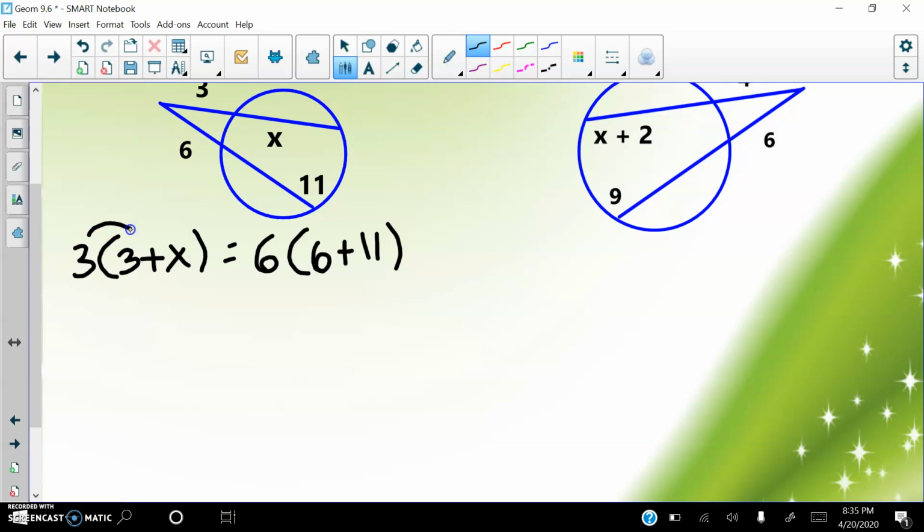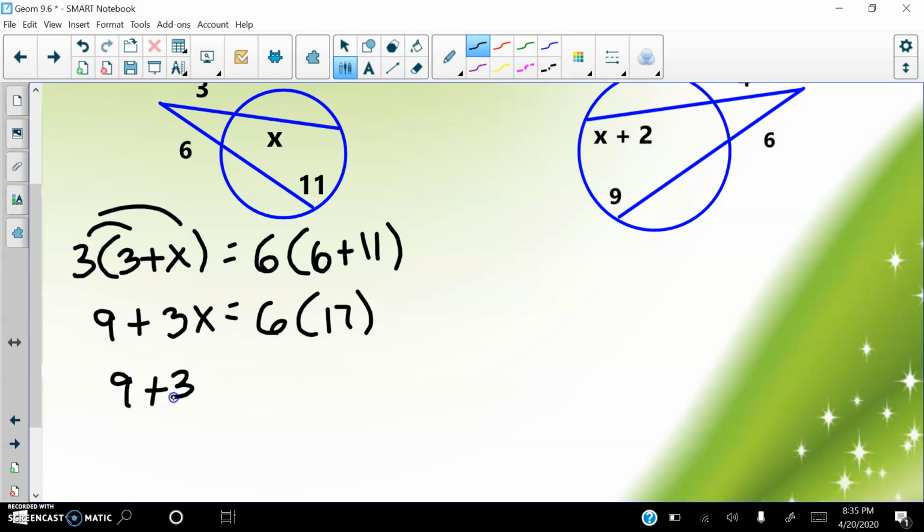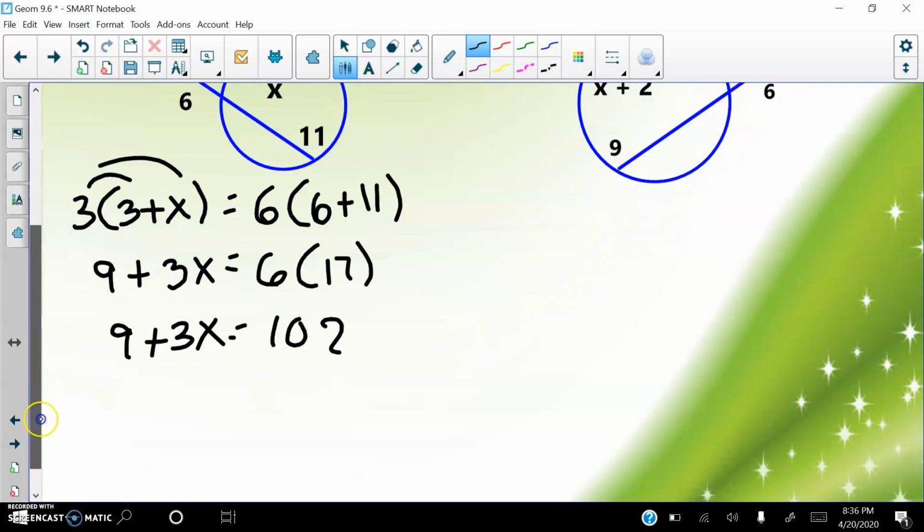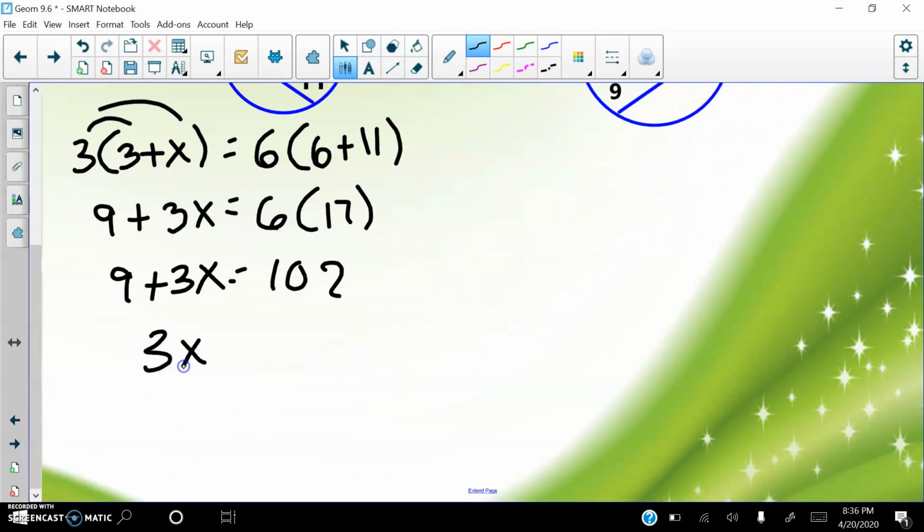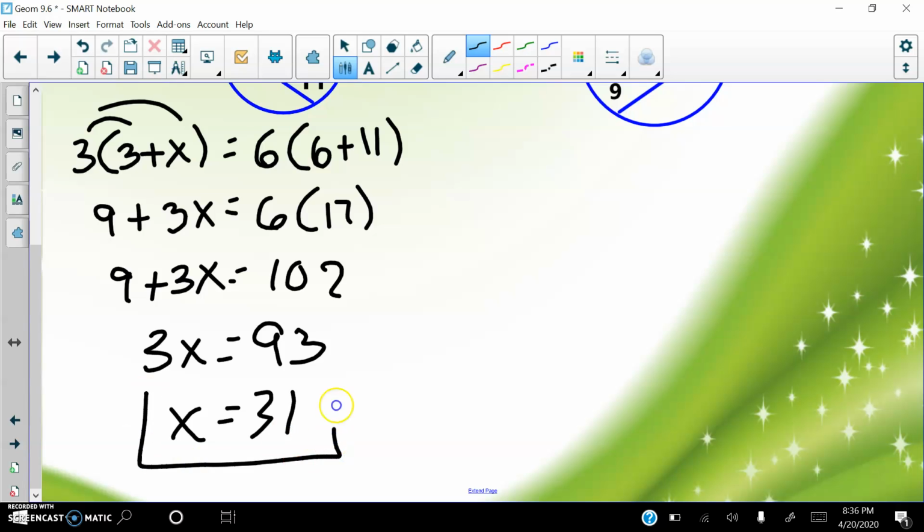If I distribute, I get 9 plus 3x is equal to 6 times 17, order of operations. So 9 plus 3x is equal to 102. If I subtract 9 from both sides, I get 3x is equal to 93. Divide both sides by 3, and you get an x value of 31.